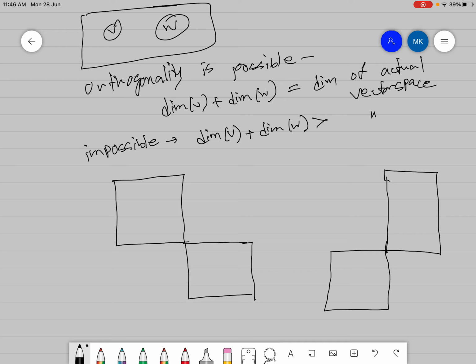This is the column space and this is the left null space, and this is the row space, and this is the null space.